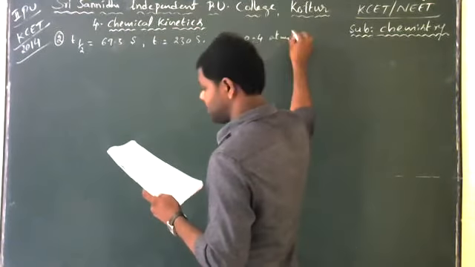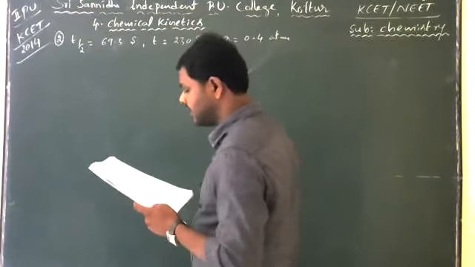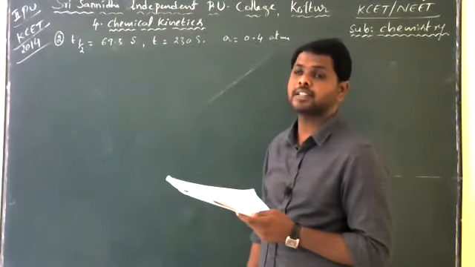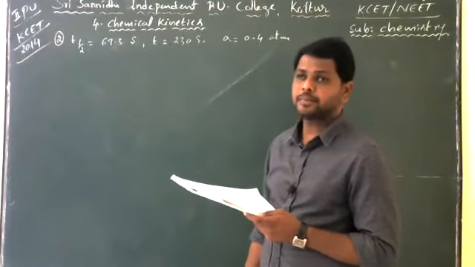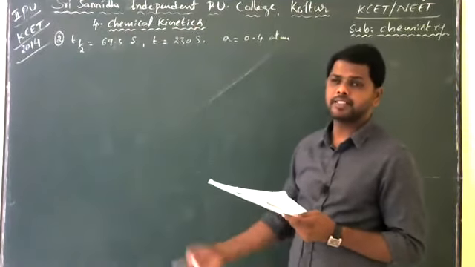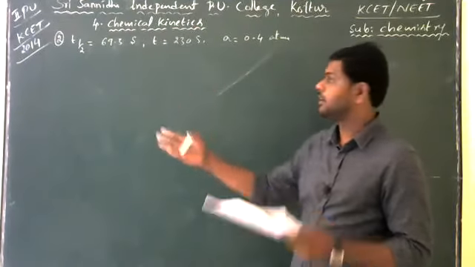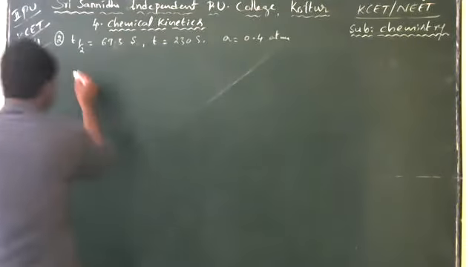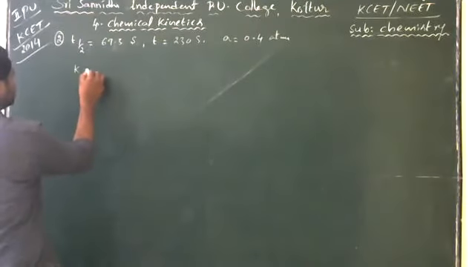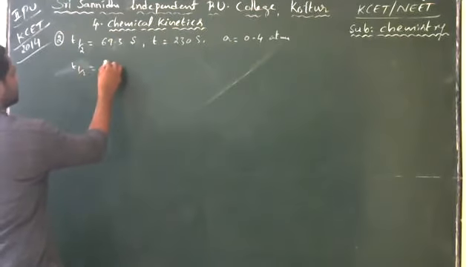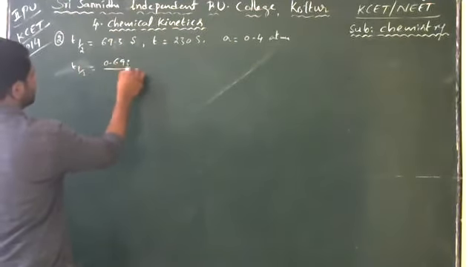That is 0.4 atmosphere. Then we want the total pressure, but for total pressure we first need the partial pressure of reactants and products. For partial pressure, first, time is given. For a first order reaction, T half is equal to 0.693 by K. This is a formula.